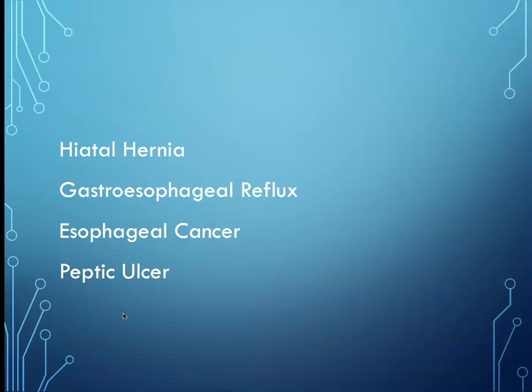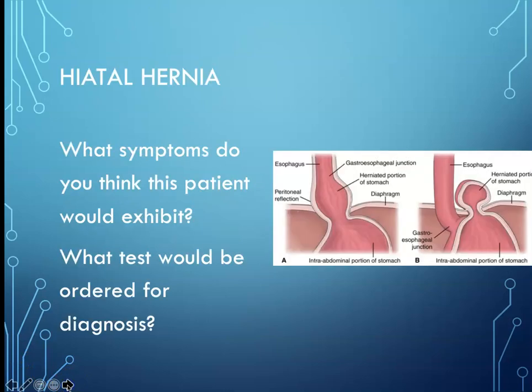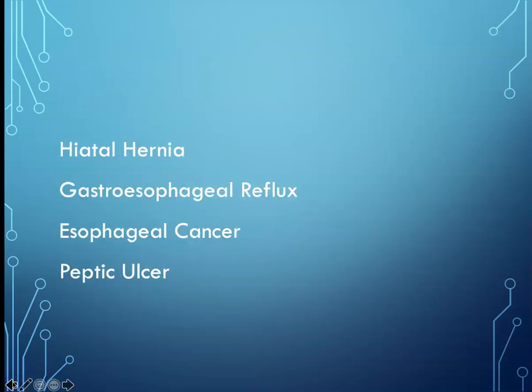I hope you've all reviewed the assessment portion of the GI system, which is in your textbook. So these are some of the upper GI disorders, like I mentioned, the hiatal hernia, and then we have gastroesophageal reflux, which is also referred to as GERD, esophageal cancer, and peptic ulcer. Let's go back up a little bit to the previous slide.